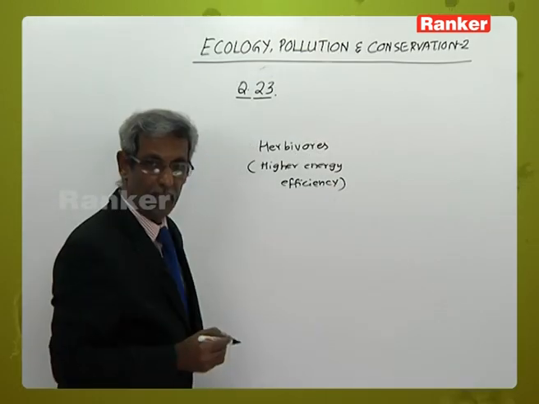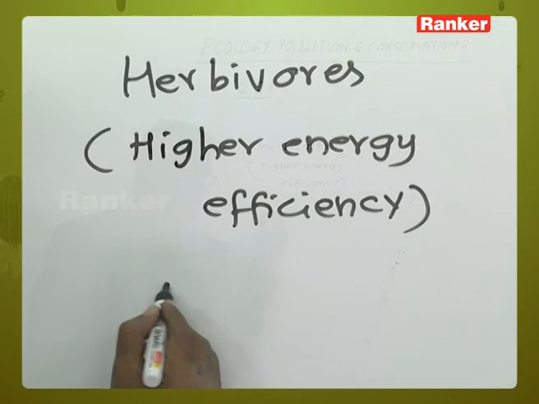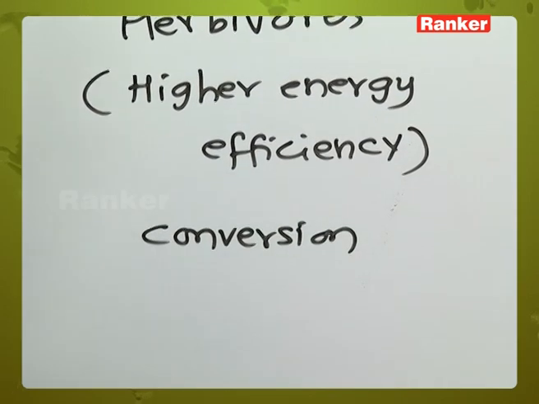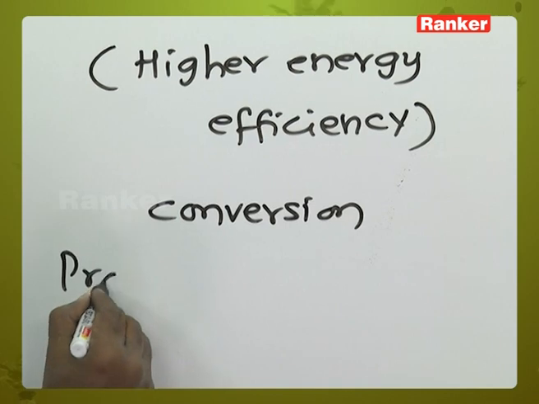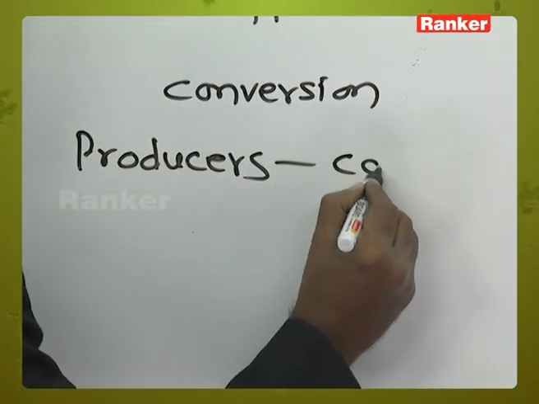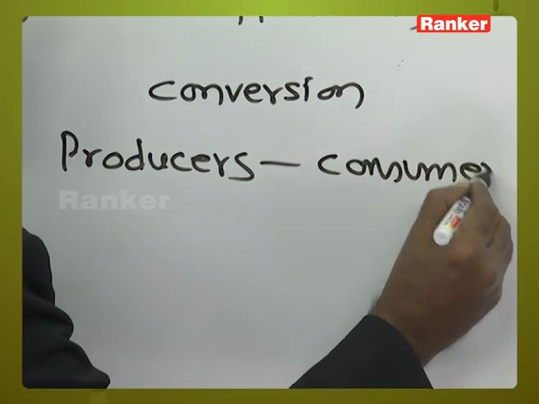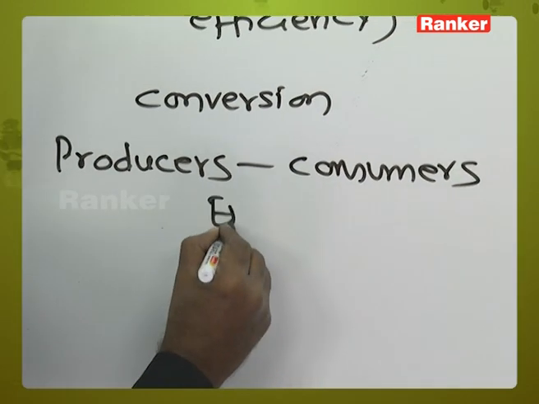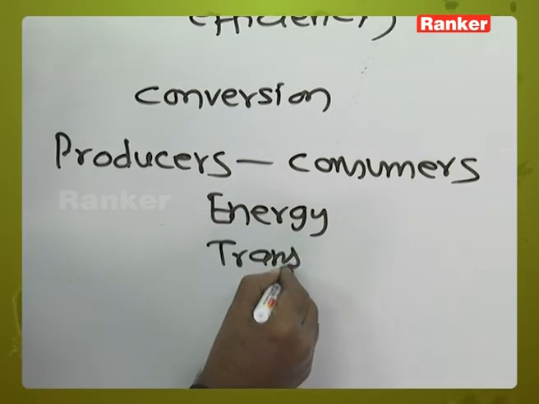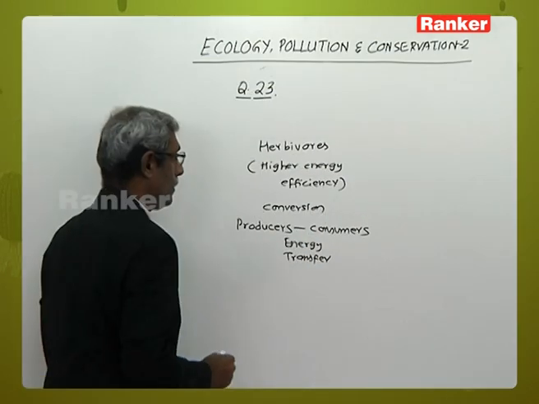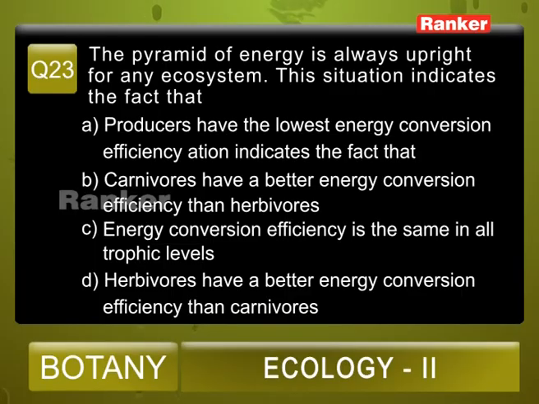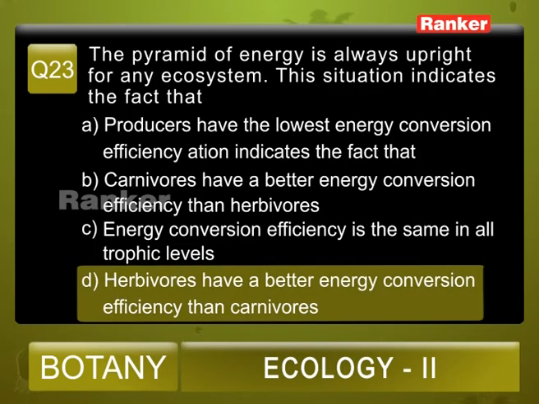Energy efficiency means energy conversion efficiency, and conversion occurs from the producers to the consumers in terms of energy transfer. So herbivores are more efficient than carnivores, hence the answer is D.